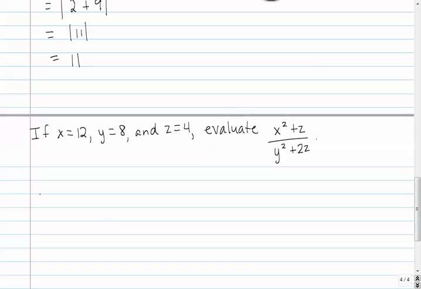That's x squared, or x to the second power, plus z, all over y squared, or y to the second power, plus 2z.